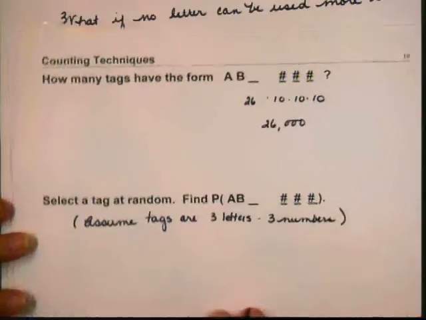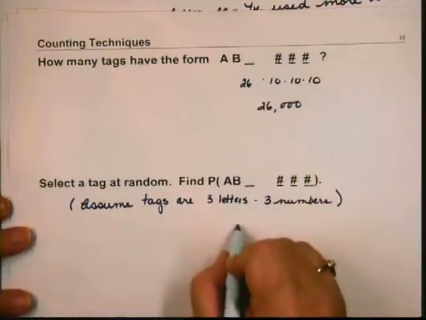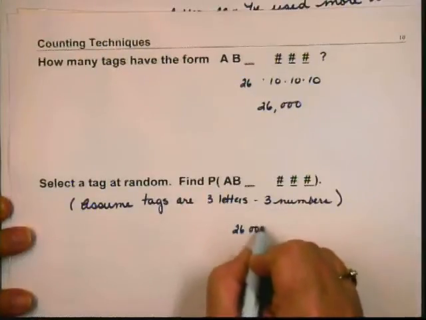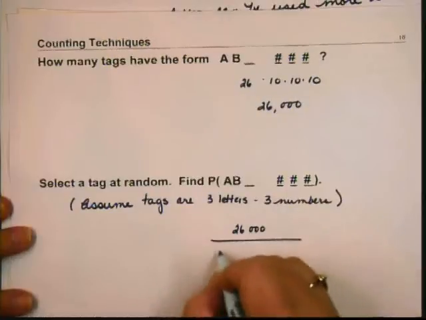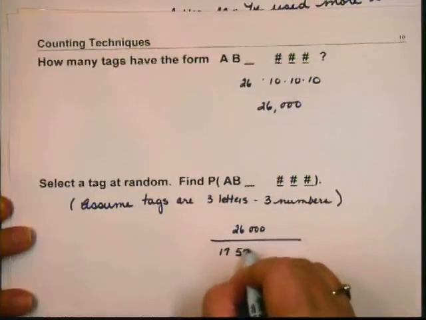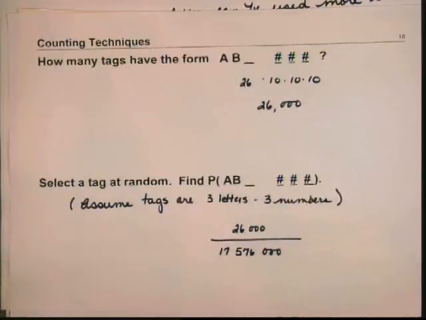The previous one I had 3 numbers first. How many ways can you select an AB tag? 26,000. How many ways can you select a tag? 17,576,000. That's equal to what, decimal-wise?